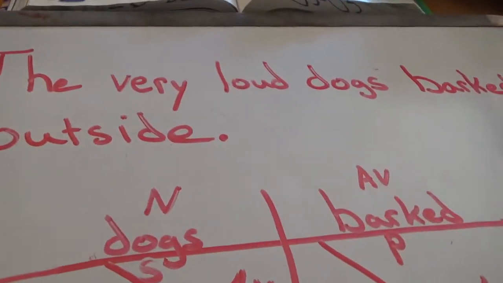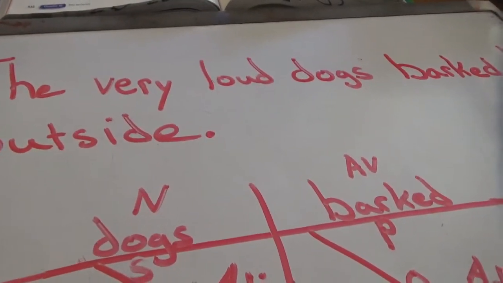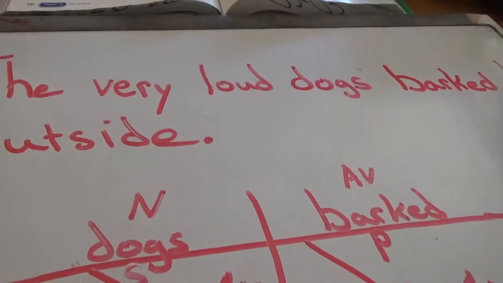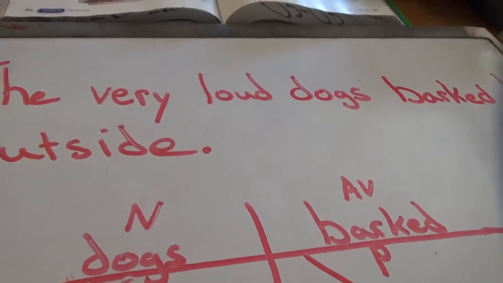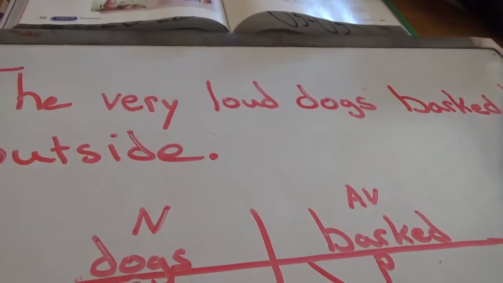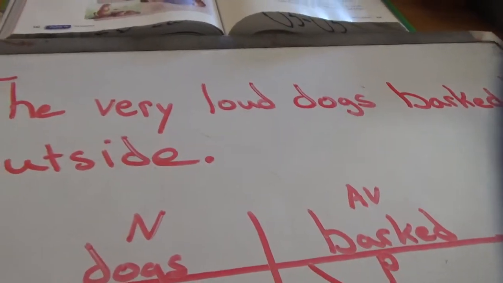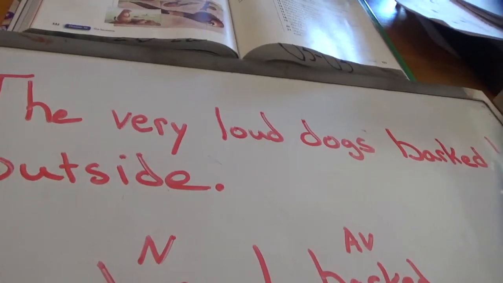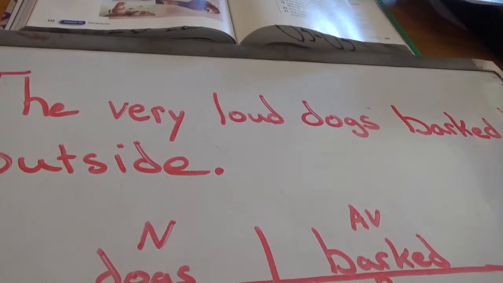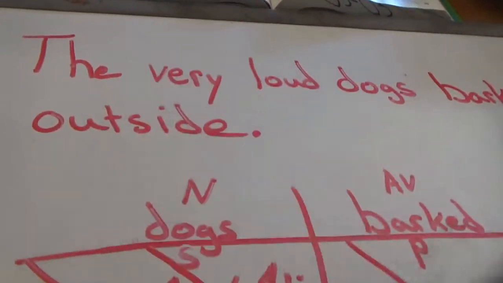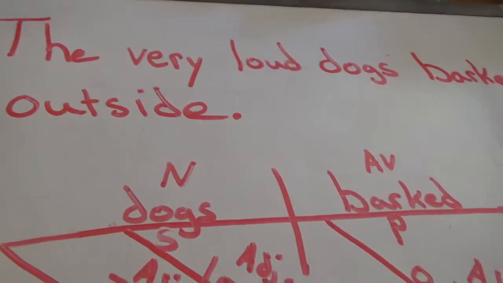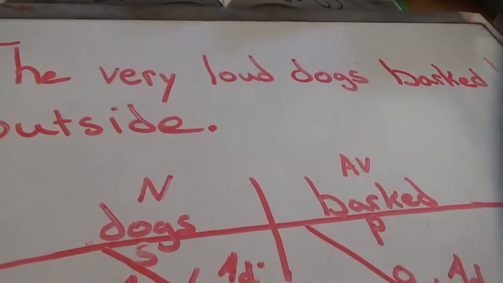But the reason we're doing this, the reason it's important, is as we get more and more into usage, and you've already seen that when we started talking some about subject-verb agreement, but even more when we get into using pronouns and whether you use I or me, subject or object pronouns, you have to understand the parts of the sentence. And we have to have a common vocabulary to talk about those things.